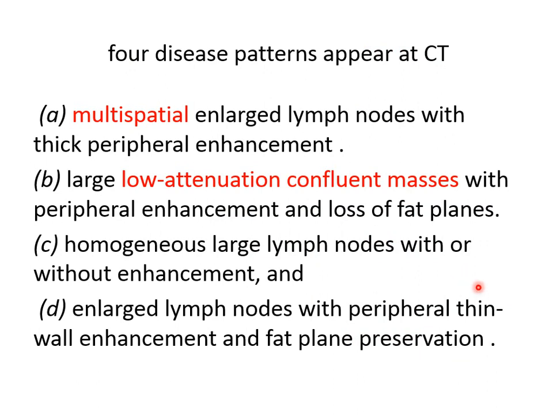About the presentation of cervical lymphadenitis on CT, we have four presentations: either multispatial enlarged lymph nodes with thick peripheral enhancement, or large low attenuation confluent masses with peripheral enhancement and loss of fat planes. The other types are either homogeneously large lymph nodes without enhancement, or enlarged lymph nodes with thin peripheral enhancement but preservation of the fat plane.